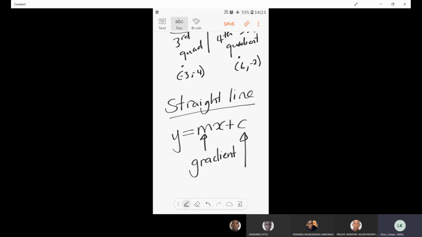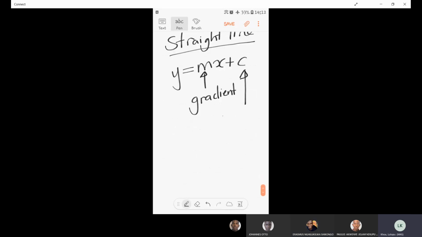And your c here, this is your y-intercept. Okay, so at the y-intercept, we know that x is equal to 0. So if I substitute x is equal to 0, you will only be left with y is equal to c. So that is called your y-intercept.